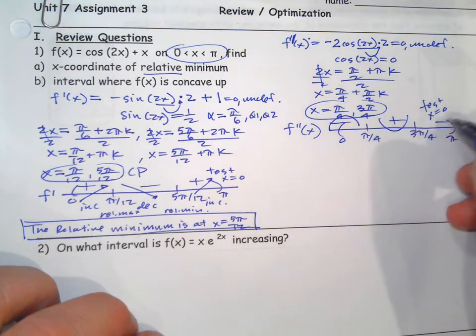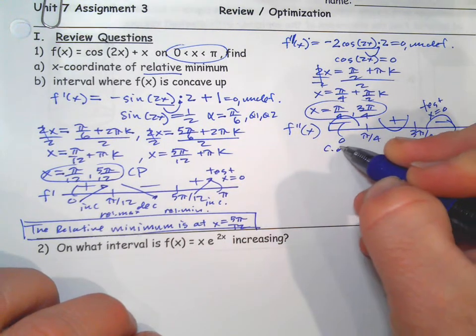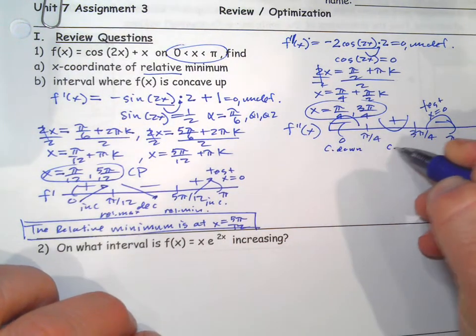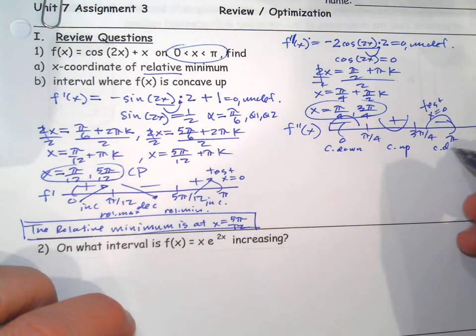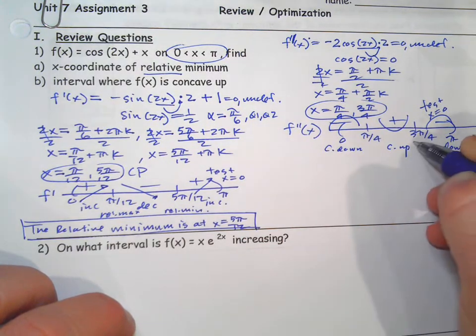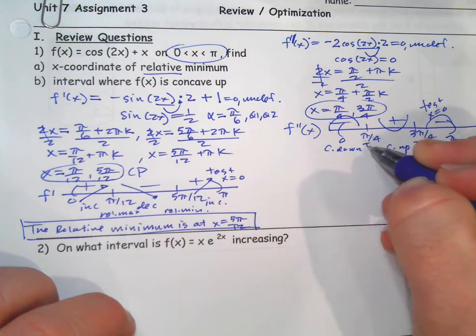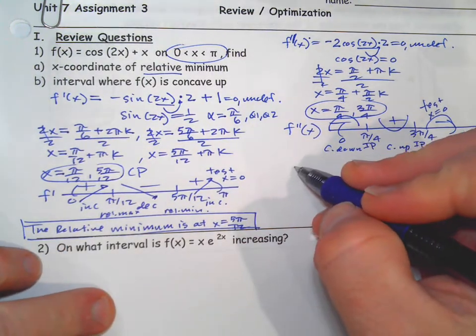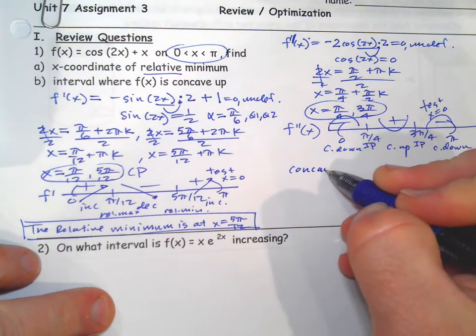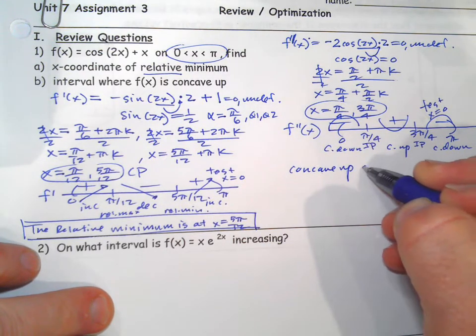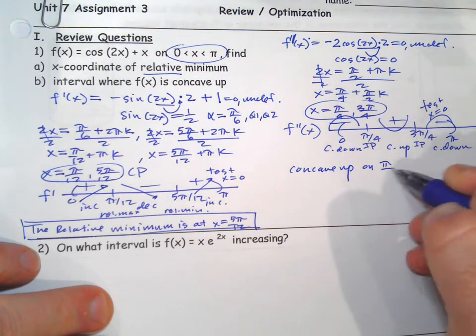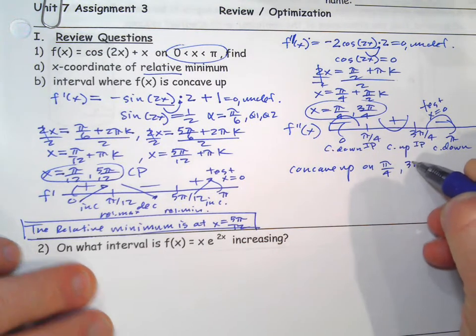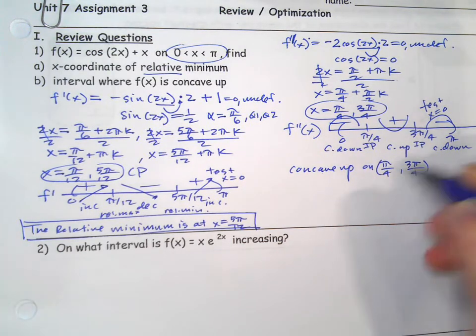This is concavity, so our little nose is concave down, concave up, concave down. This is an inflection point. This is an inflection point. So we want to know where it is concave up. It is concave up on pi over 4 to 3 pi over 4. We never include the endpoint for concavity.